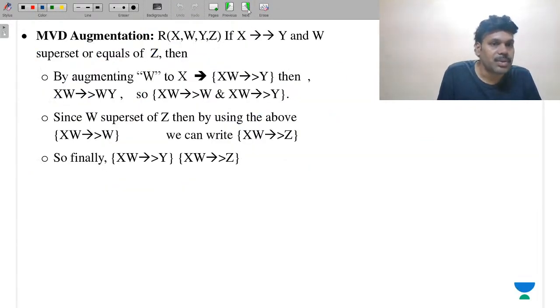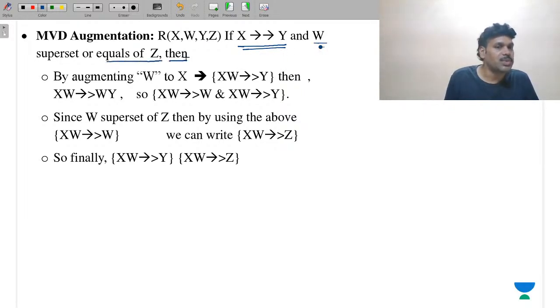Come to the next rule, augmentation. What is augmentation? If X implies Y and W is a superset of or equivalent to Z, by augmenting W into this production, you will get XW to Y. Then I can write XW to WY, reflection. I can add like this.